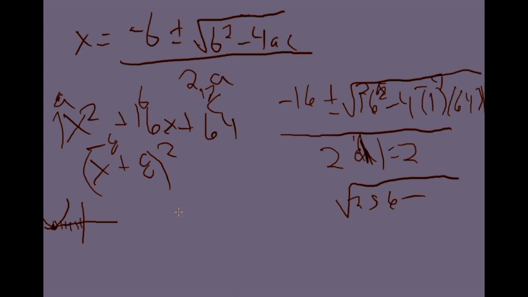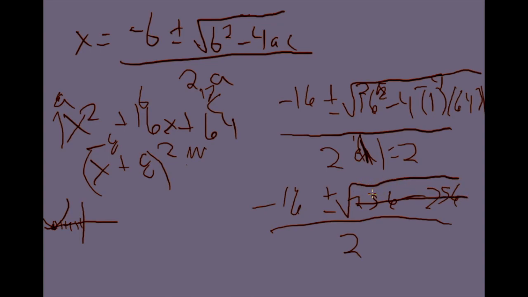So we got negative 16 plus or minus the square root of 0, over 2. And then obviously these become 0.